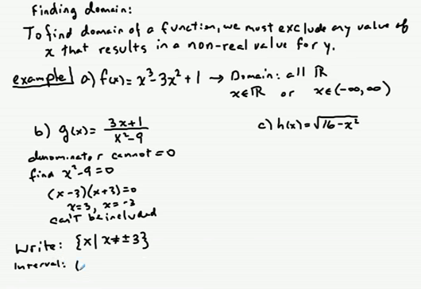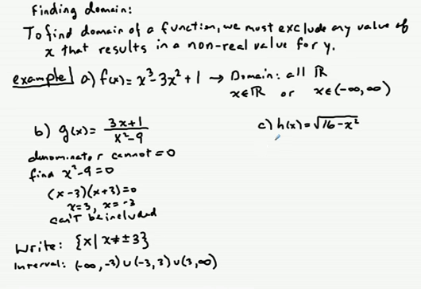We can say the set of all real numbers that start at negative infinity and go up to negative 3, excluding negative 3, and we take the set of all numbers between negative 3 and positive 3. We again exclude positive 3 and take the union of that set with 3 to positive infinity. A little bit longer, but it says the same thing.